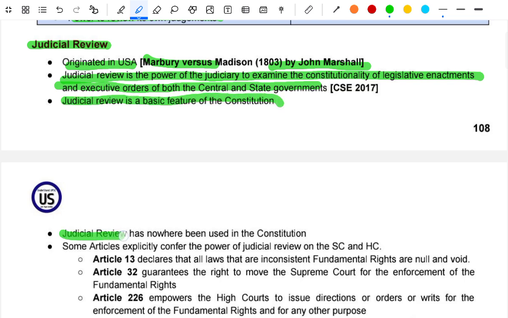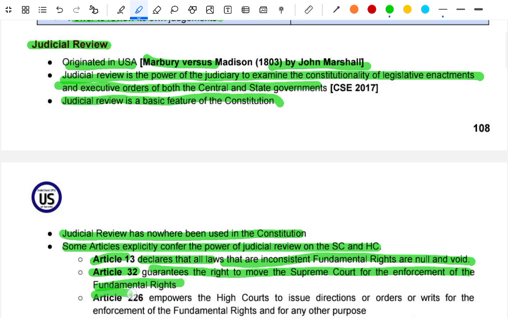Judicial review has nowhere been explicitly used in the Constitution. Some articles explicitly confer the power of judicial review on the Supreme Court and High Courts. Article 13 declares that all laws that are inconsistent with fundamental rights are null and void. Article 32 grants the right to move the Supreme Court for the enforcement of fundamental rights.